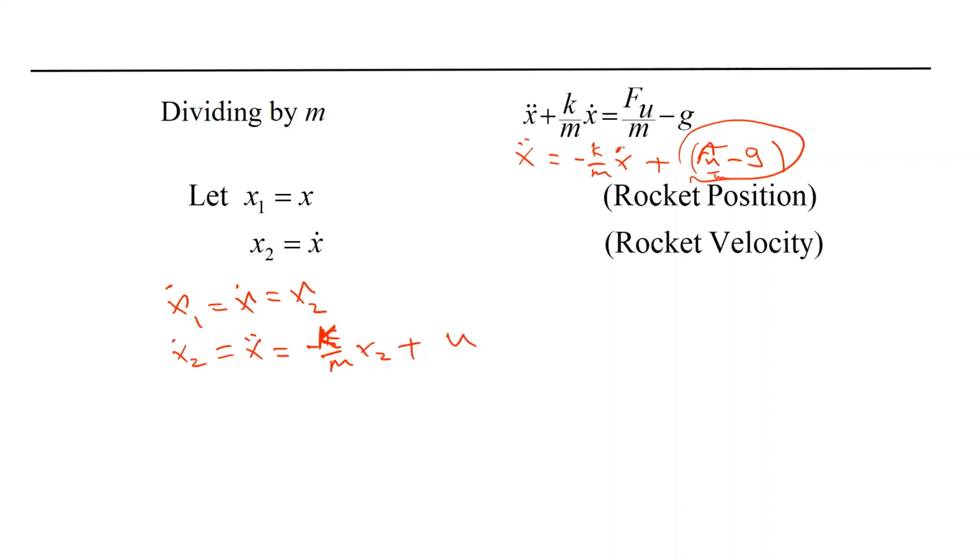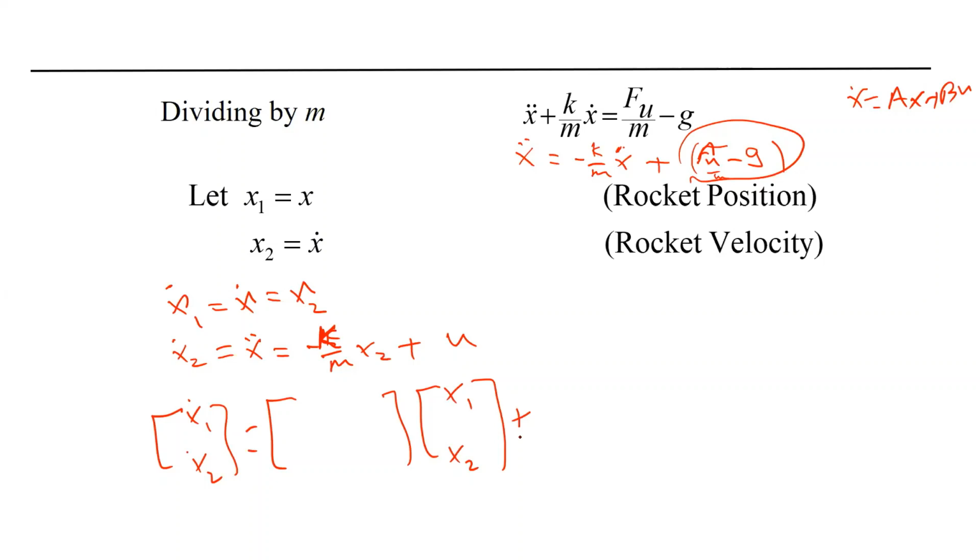Let me convert this into a matrix, because remember, I want to write it as x dot equals Ax plus Bu. So x1 dot, x2 dot equals a matrix times x1, x2, plus u. What will be the elements of the matrix from the first equation? 0, 1.